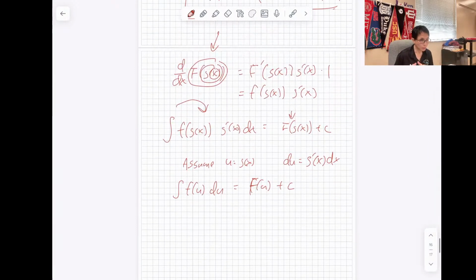So I want you to understand this, but if you cannot, it's not the end of the world. You just need to know how it works in u substitution. So imagine that you integrate this.